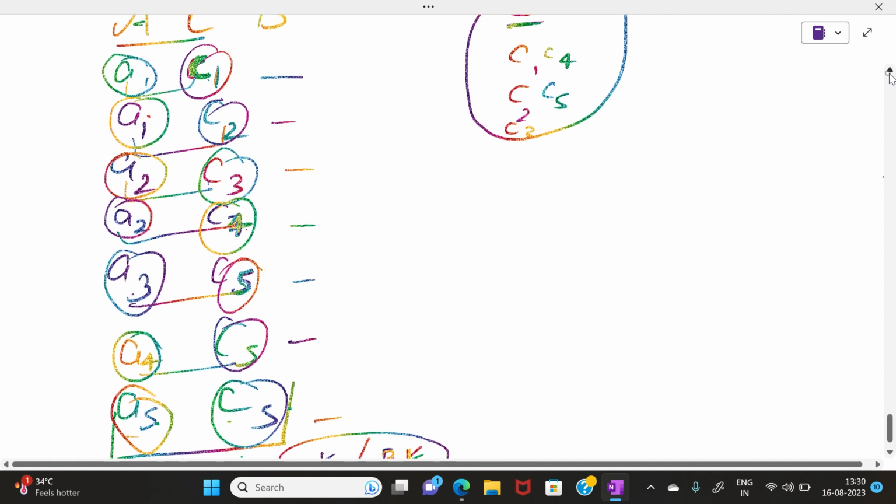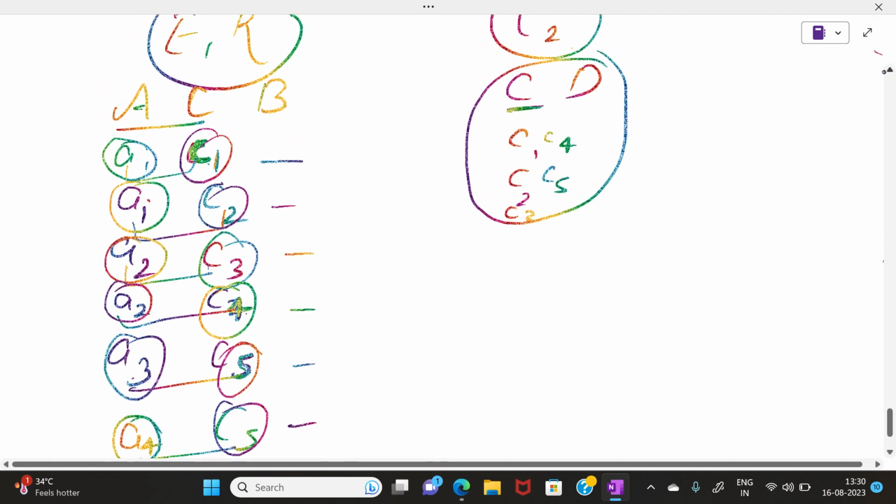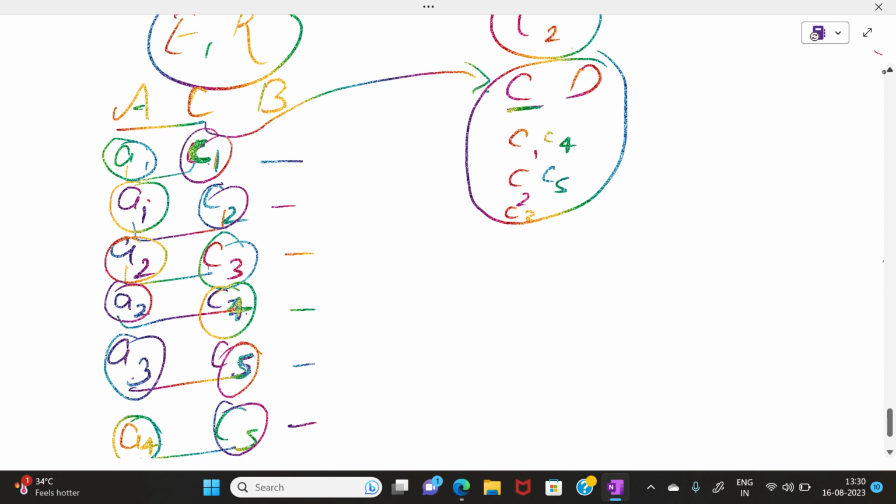Here the candidate key becomes AC, and if we consider the foreign key, C can be referring to this C, okay? But this is not the candidate key alone, right? Here we don't have C as the candidate key, like C1, C2, C3 and C4, C5. It has values repetition, right?